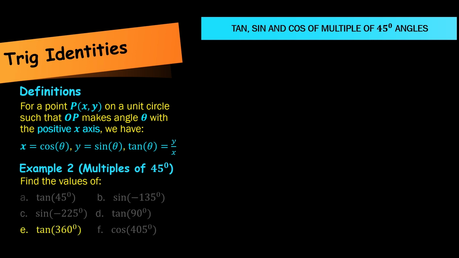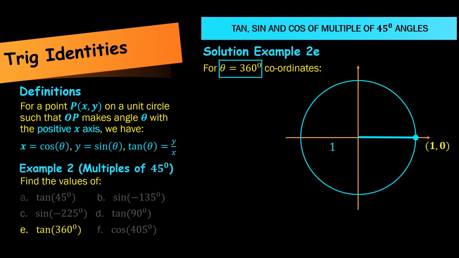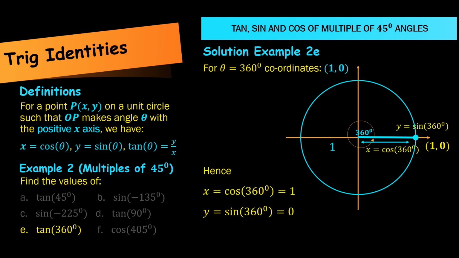Now let's have a go at part E. We are required to find the value of tan 360 degrees. So let's solve this. For theta equal to 360 degrees, we have the coordinates 1, 0, as shown. Therefore, x equals cos 360 degrees equals 1, and y equals sine 360 degrees equals 0.